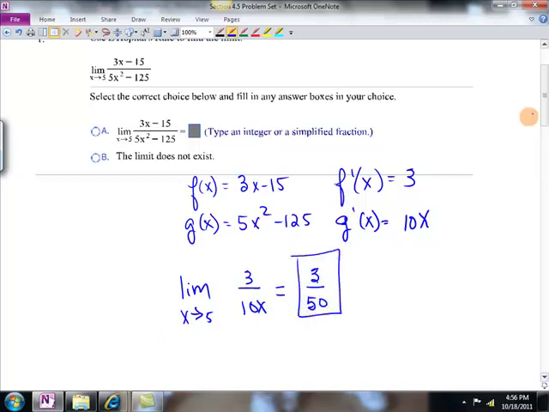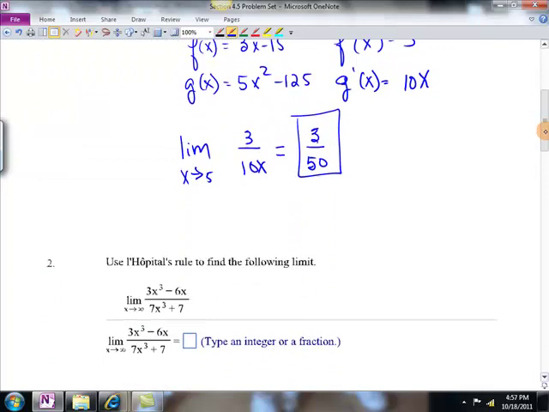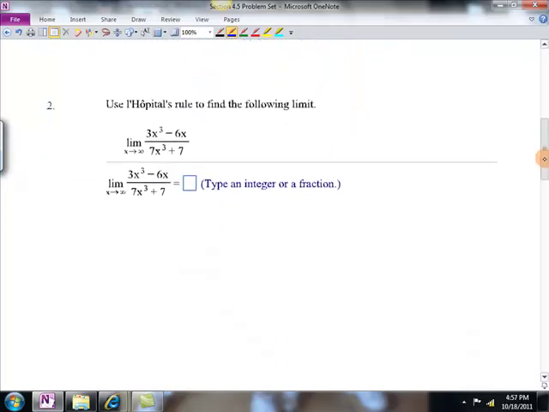All right, same thing here. As we approach infinity, remember we actually could do this by dividing each term by the highest power of x. Let's see if we remember to do that.